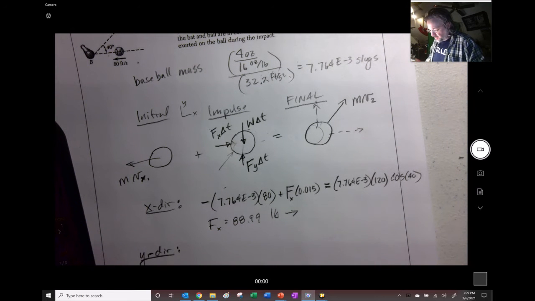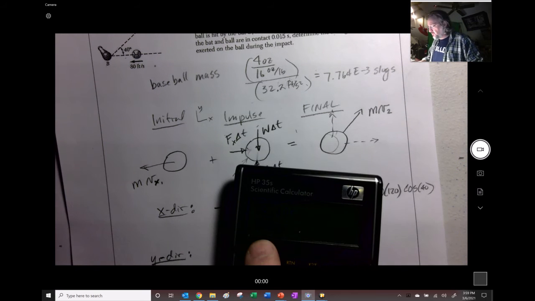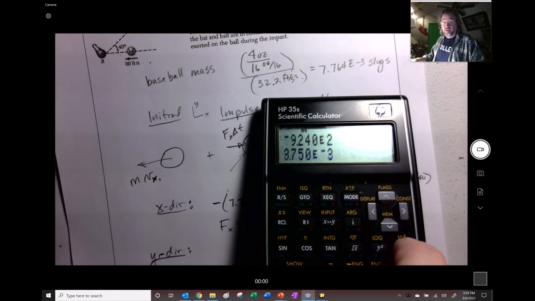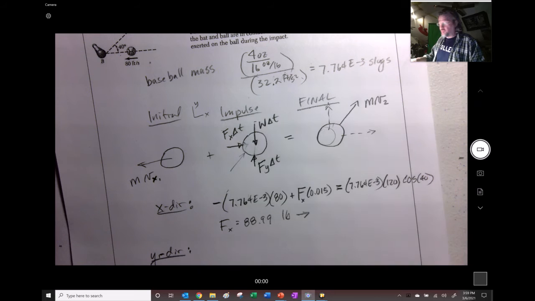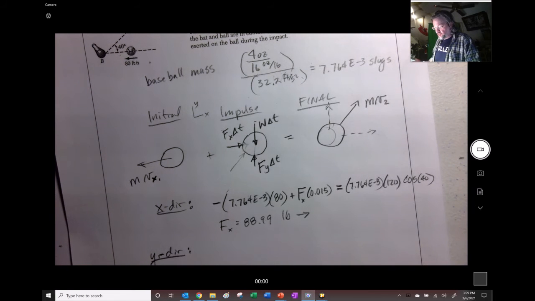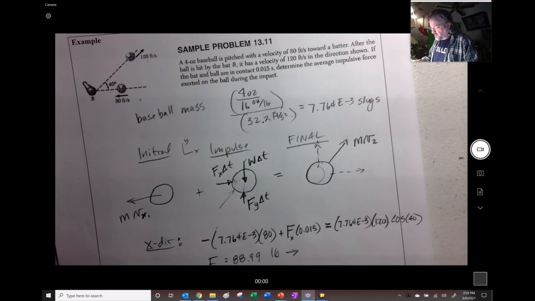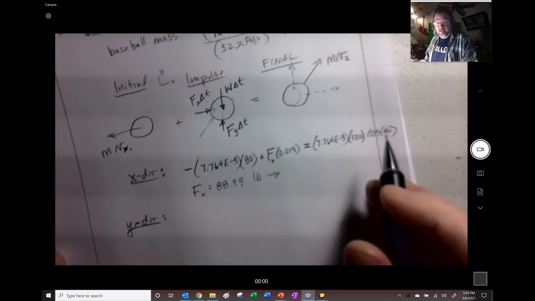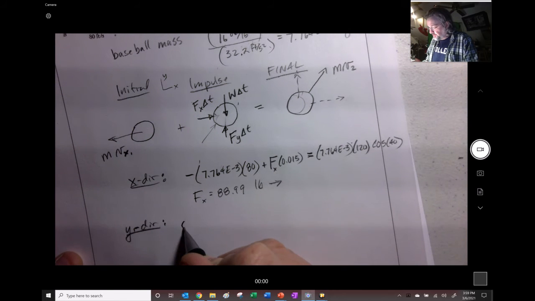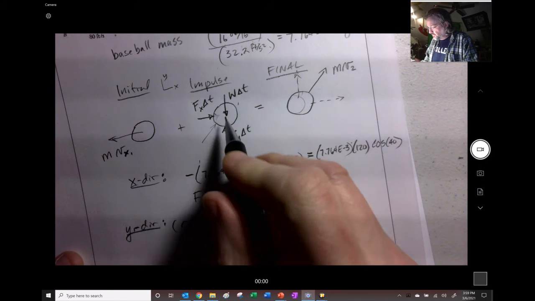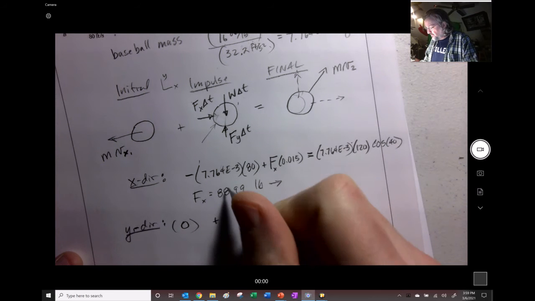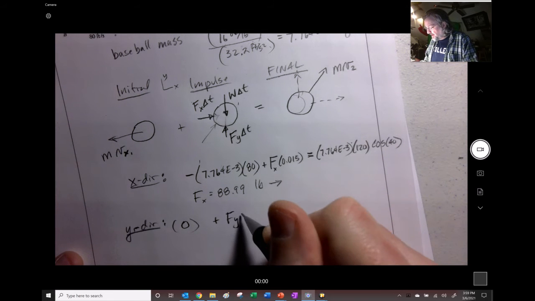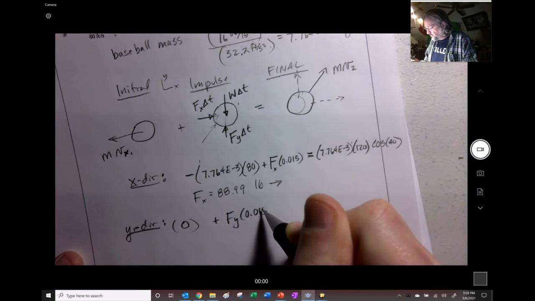0.25 times 0.015. So we're going to have 3.75 e to minus 3, 3.75 thousandths of a pound. So in the y direction, we're going to have 0, plus Fy times 0.015.